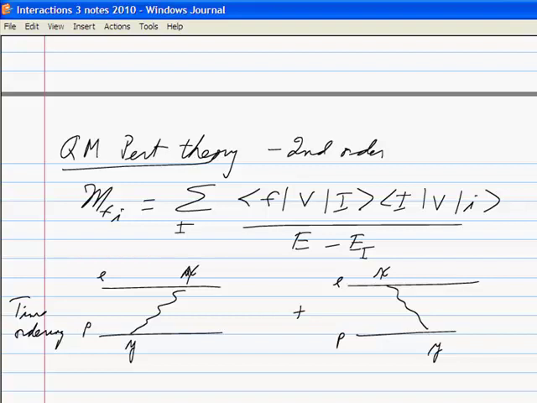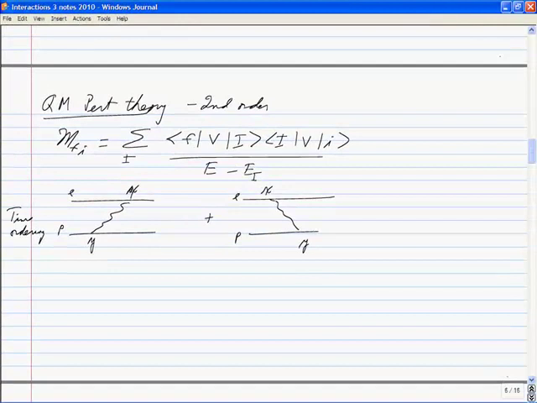That's what the time-ordered product of these fields is. You create a field at some point, there's some numerical factor, and you annihilate it at the other point, or the reverse.